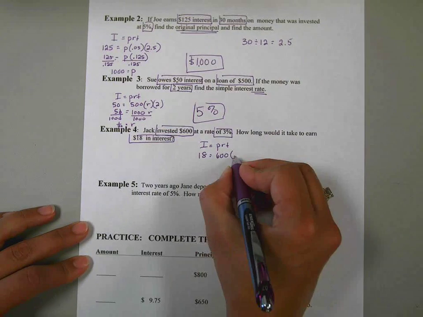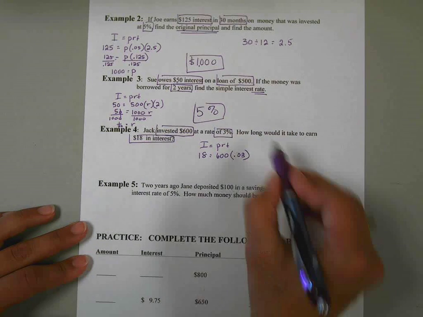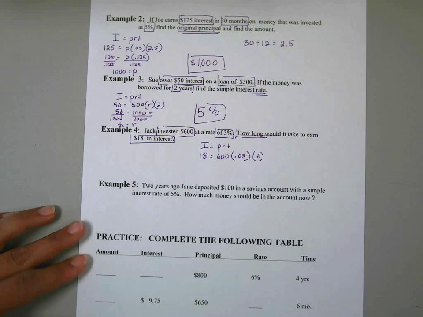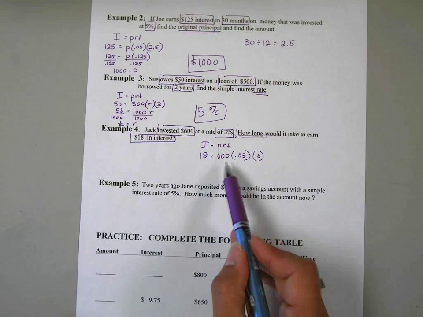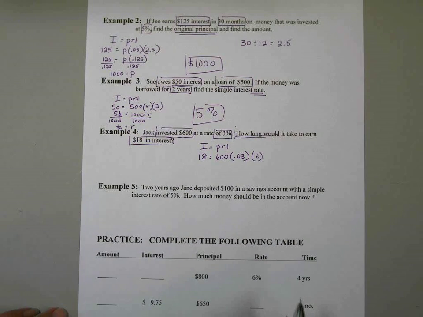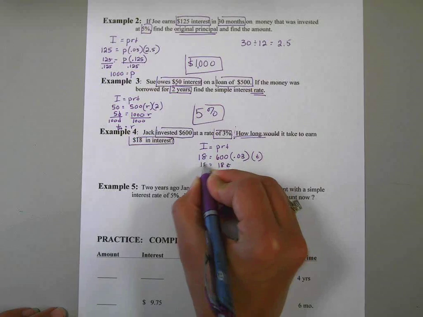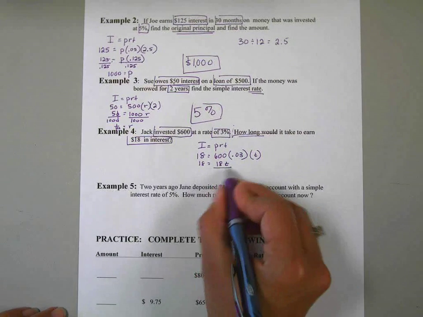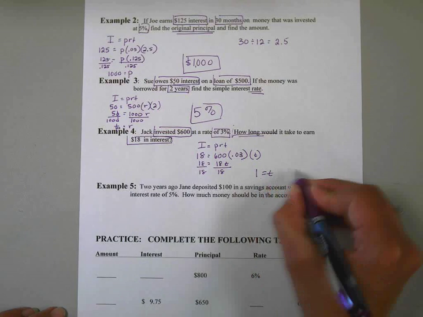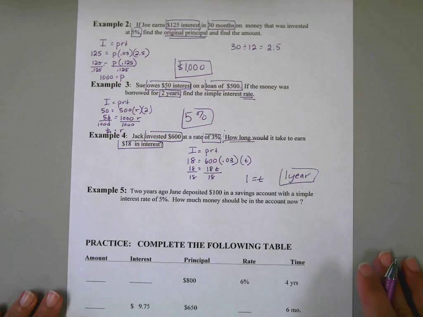The rate is 3%, so that's 0.03. And we want to know how long it would take. So that's our time. So we need to multiply 600 times 0.03, and we get 18. So 18 equals 18t, got to divide, that would be one year. So it'd take him 1 year to earn $18 in simple interest.